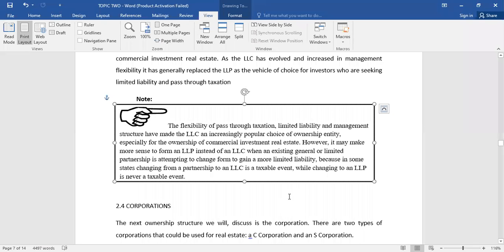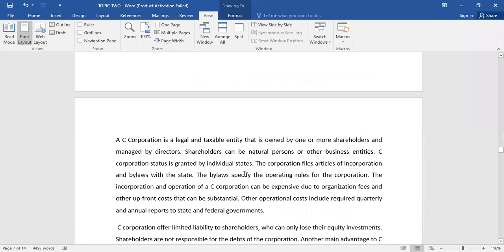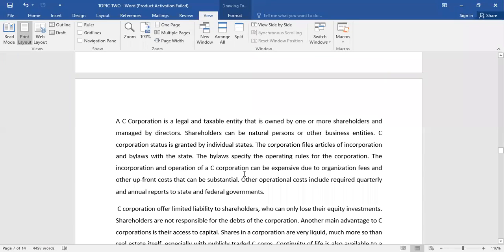So we go on. The next vehicle is corporations, and we have two types. We have the C corporations and we have the S corporations. Now for the C corporation, this is a legal and taxable entity that is owned by one or more shareholders, and it is managed by directors. And in this form, the owner can be a natural person or business entities.